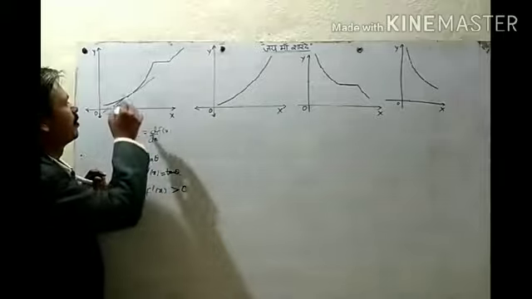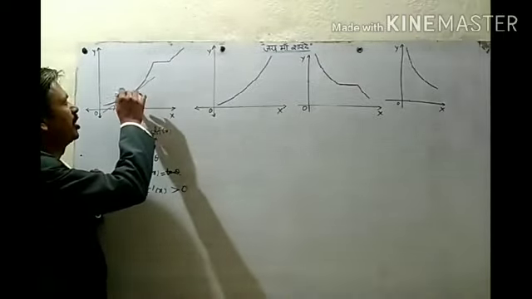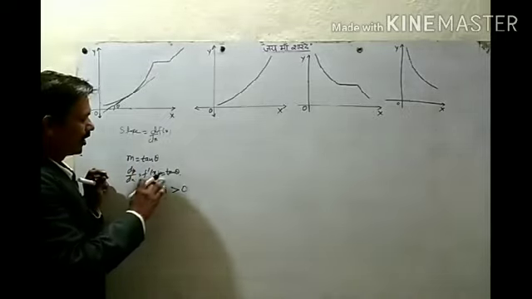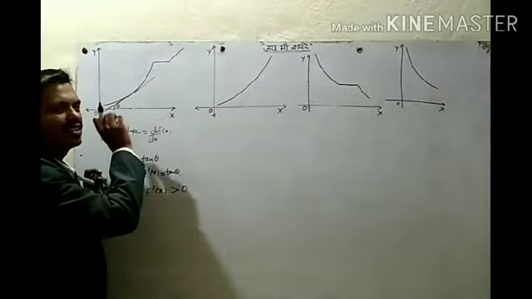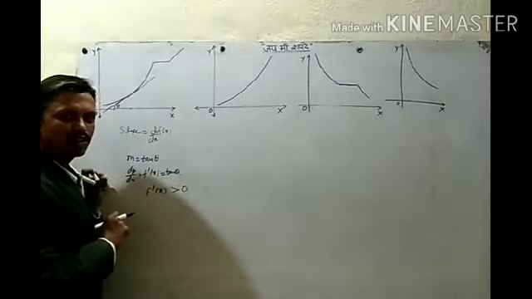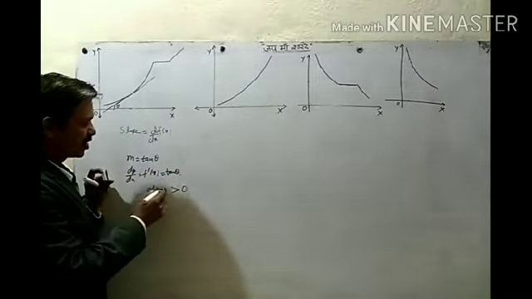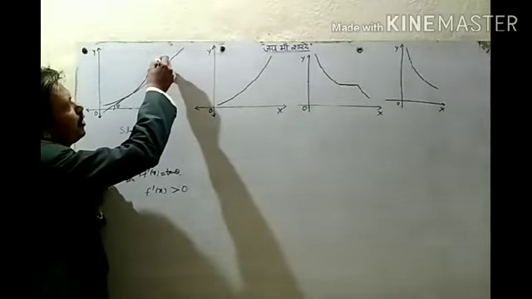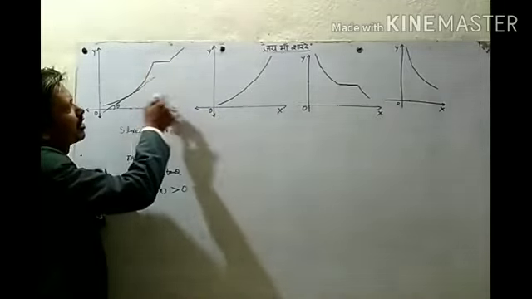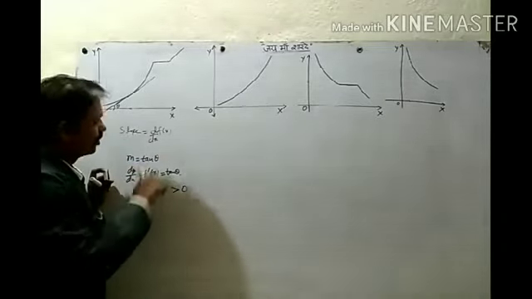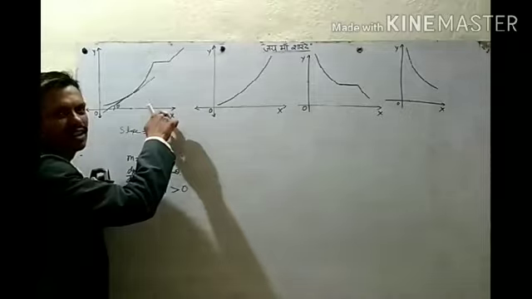Okay? If we draw a tangent here at this point, then its slope will be tan theta, and theta is acute. So the value of tan theta will be more than 0. Okay? So f dash of x is more than 0. But here, if we draw a tangent, then it is parallel to the x-axis, and the slope of the x-axis is 0.